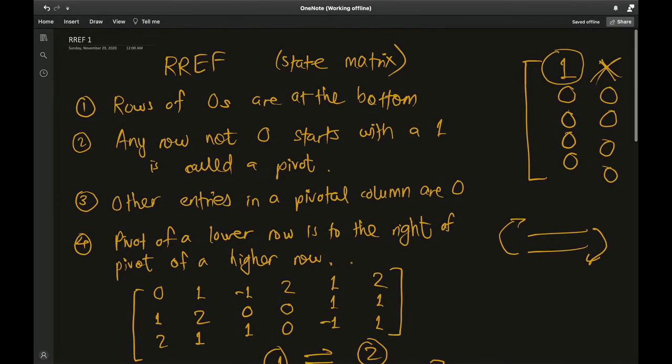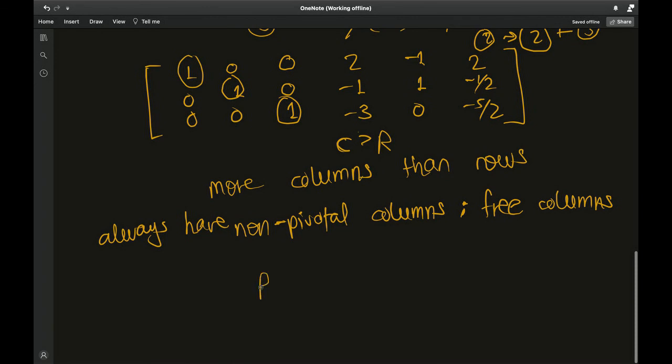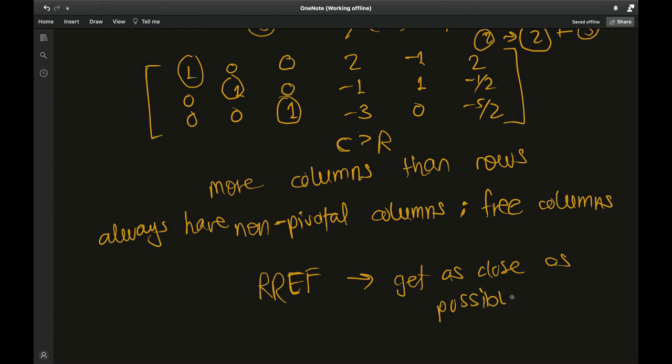The way I think about it in essence is that converting anything into RREF by row operations, row reductions, is basically trying to get as close as possible to the identity matrix.